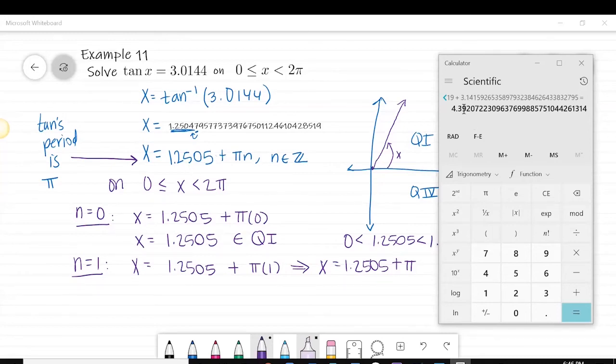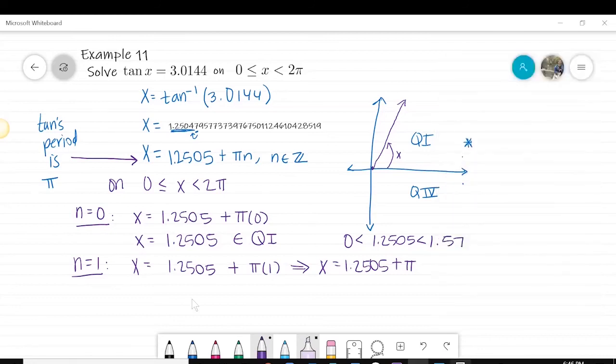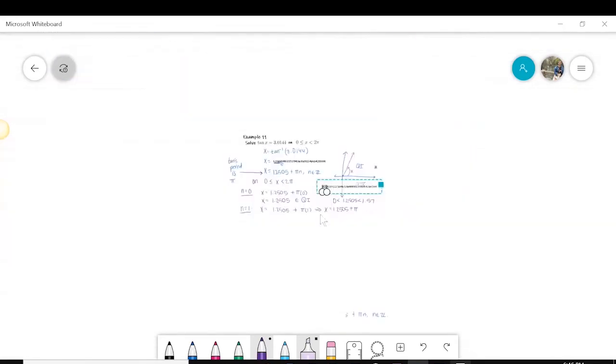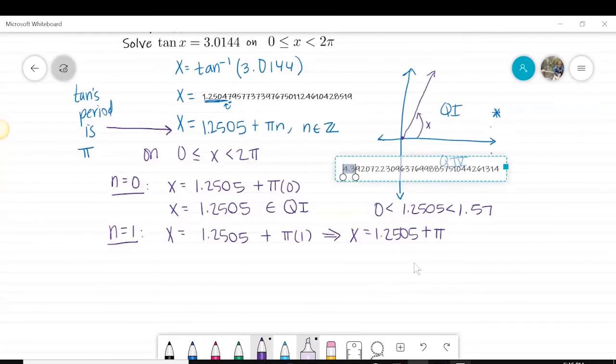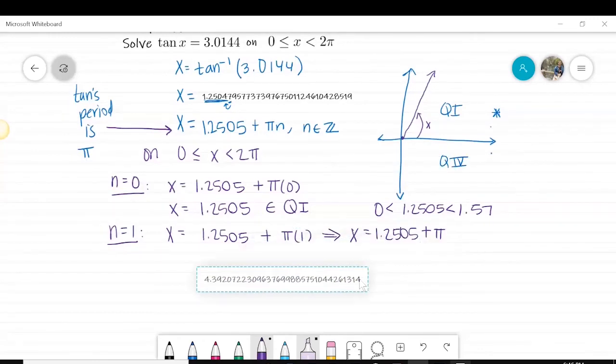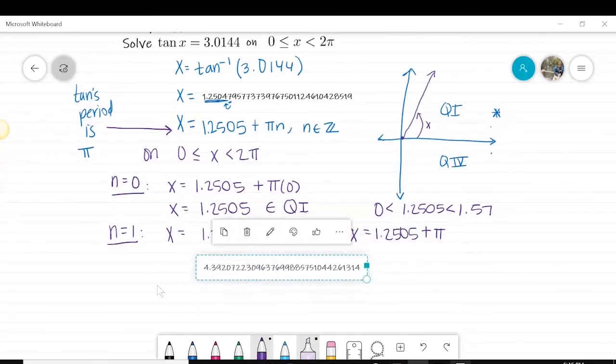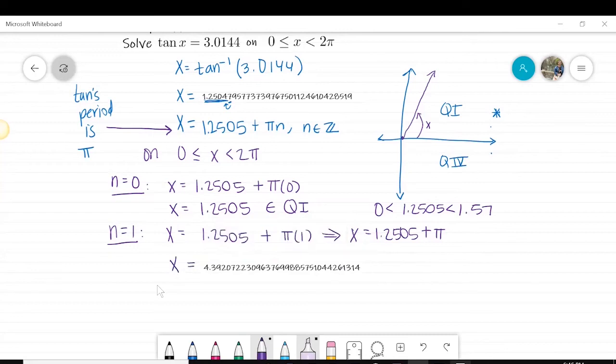So that sum, copy, that sum that we get, scroll up. So we're going to move this down here, and we get x is equal to all of this, and I'm just going to match the rounding I did before.